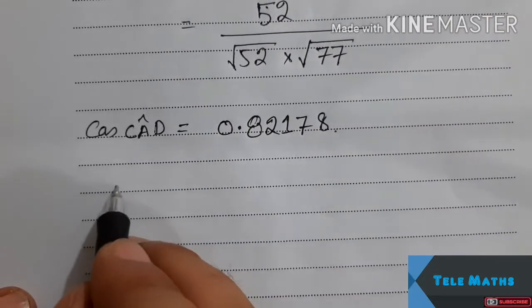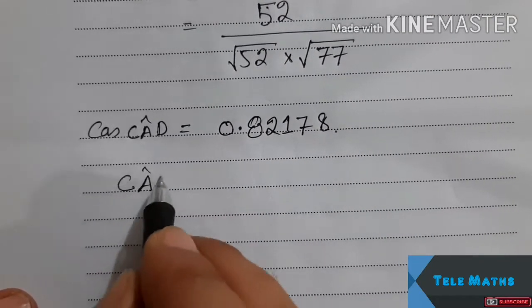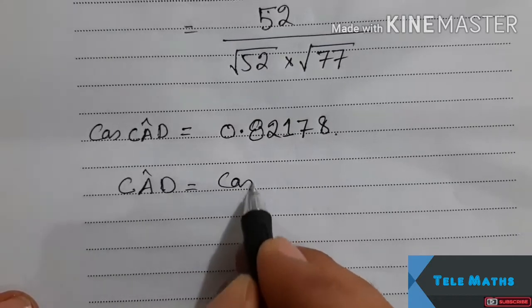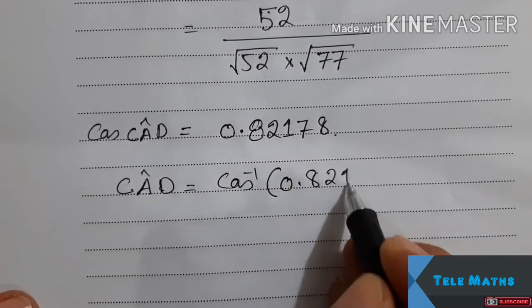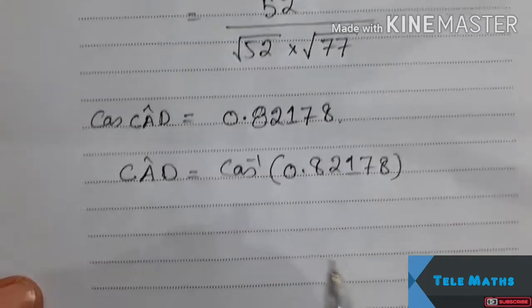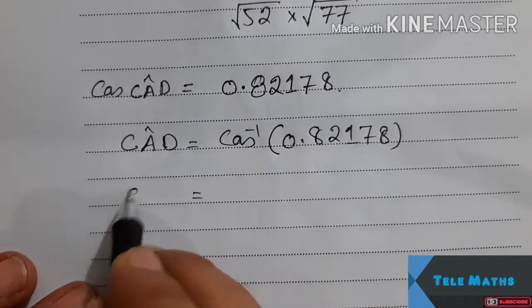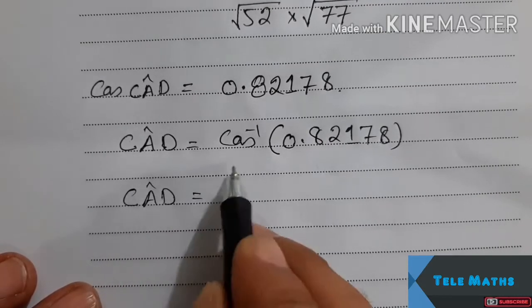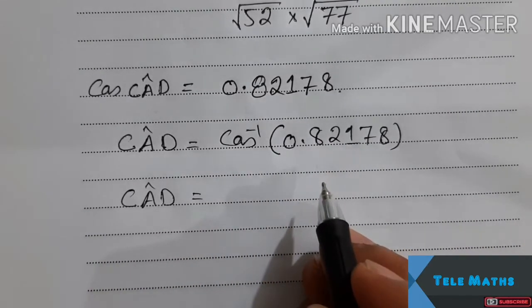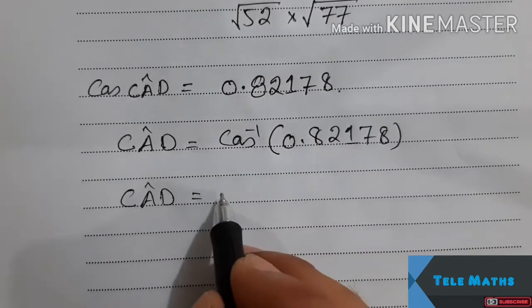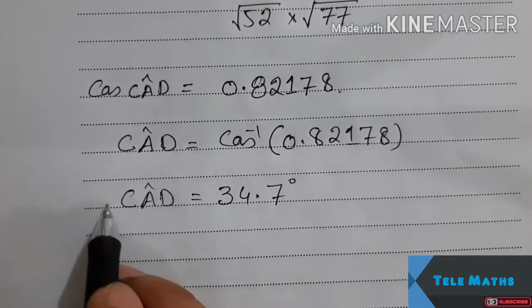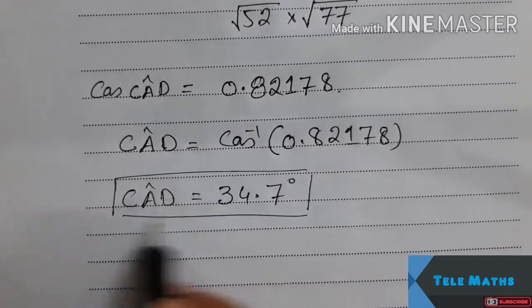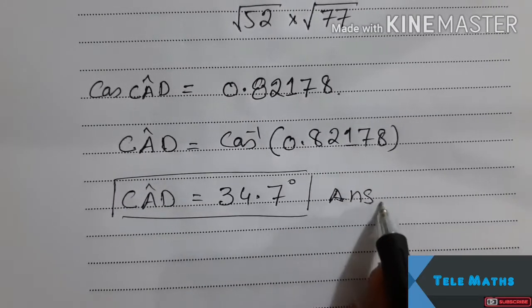So angle CAD will be cos inverse of 0.82178, which is 34.70 degrees by the calculator. This is our angle CAD.